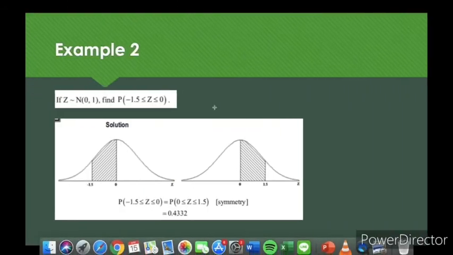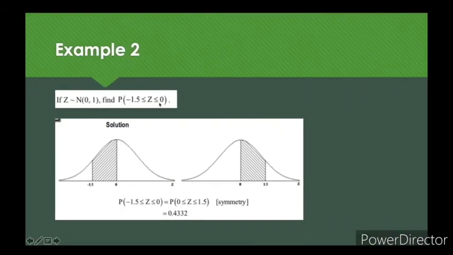So we need to change this into positive first. But don't worry, because the normal distribution graph is symmetric. The probability of z from negative 1.5 to 0 equals the probability of z from 0 to 1.5.